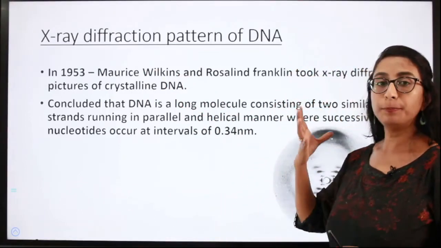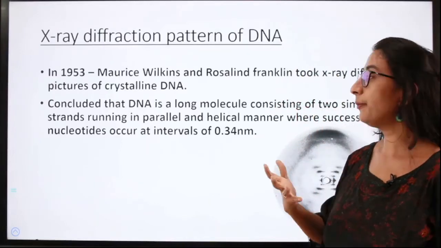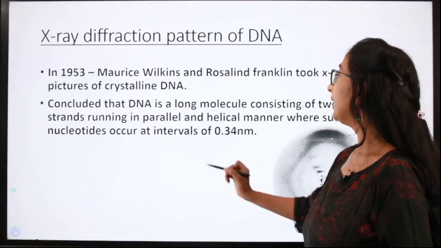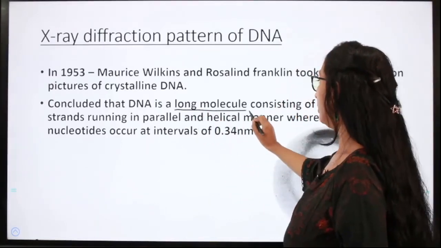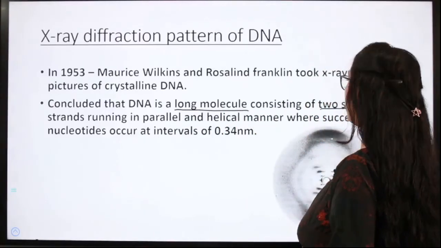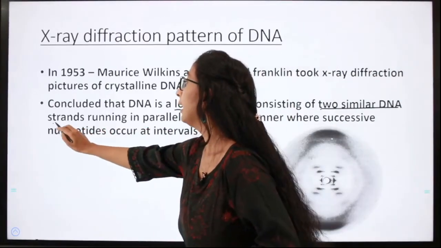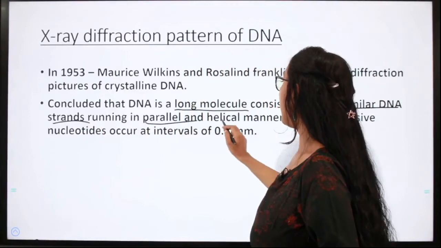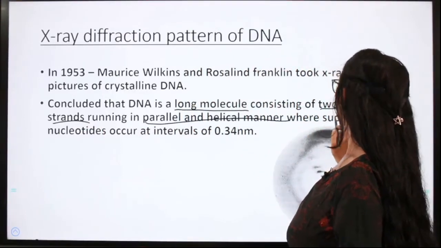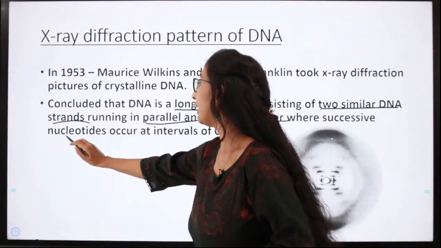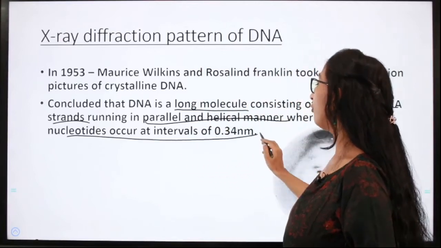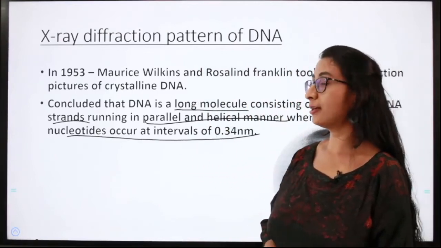Based on the pictures, they concluded that DNA is a long molecule consisting of two similar DNA strands running in parallel and helical manner, where successive nucleotides occur at intervals of 0.34 nanometer.